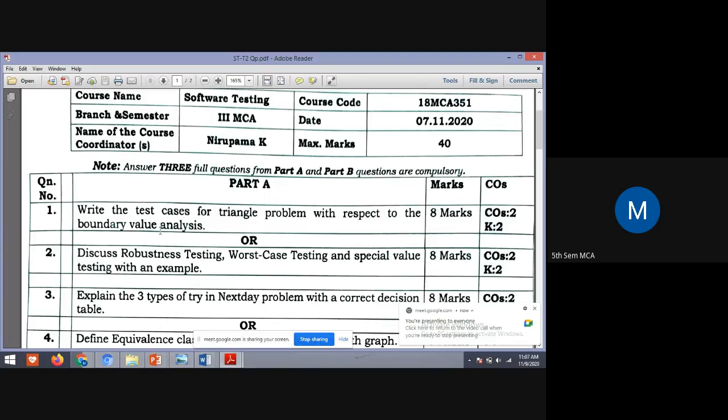So if you understand boundary value, then easily you can write the different test cases for triangle problem. In the boundary value module, we have seen the different types of test cases, students, for triangle problem. And the next is discuss robustness testing, worst case testing, and the special value testing with an example.